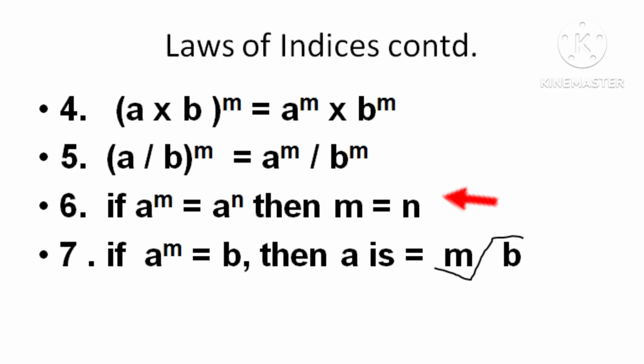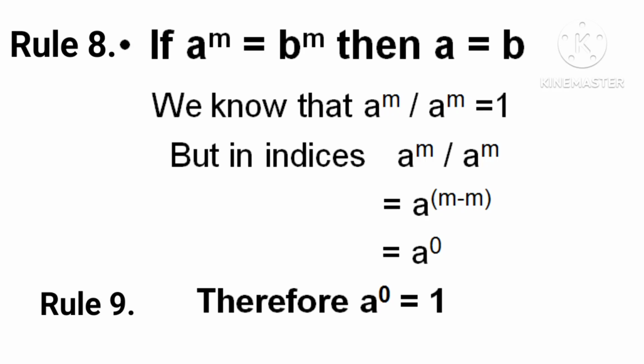If a raised to m is equal to a raised to n, then m is equal to n. Rule 7. If a raised to m is equal to b, then a is equal to the mth root of b. Rule 8. If a raised to m is equal to b raised to m, then a is equal to b. That is, if for 2 different bases the indices are the same and the results are equal, then those bases are equal.